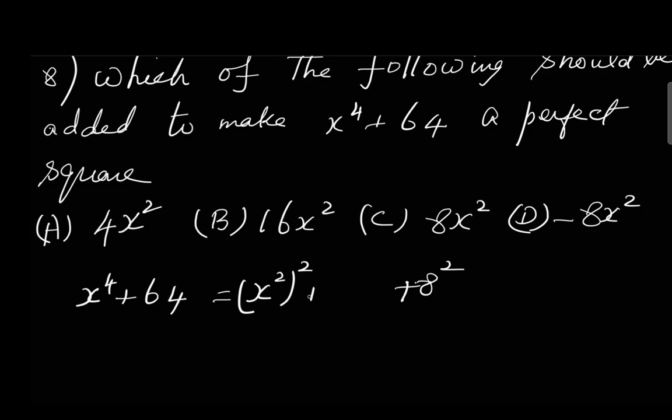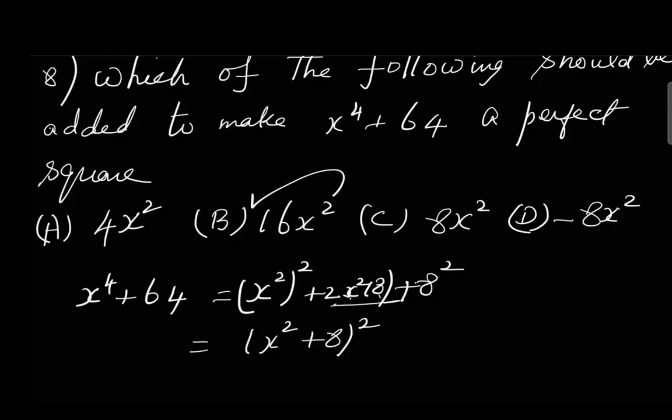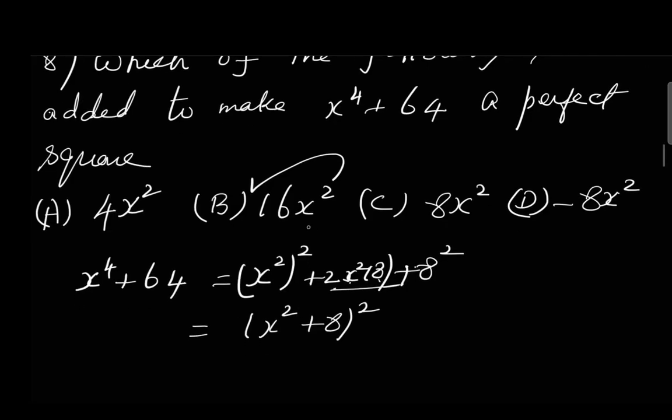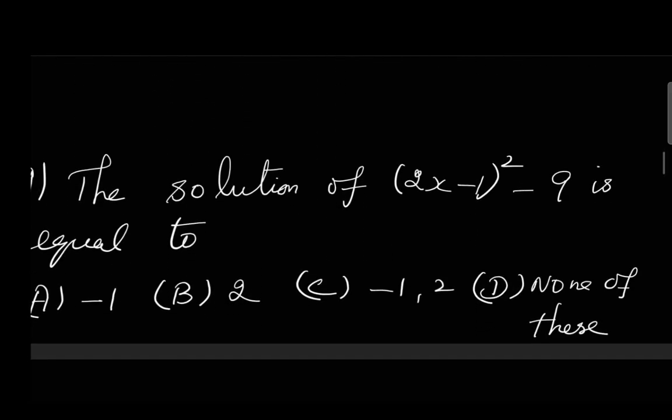So 2ab is 2 into x squared into 8. So that is 8 2s are 16. In that case it makes a perfect square. So which term we have added? 8 2s are 16x squared, option B. The question, which term is added? So no other way, just you find the term which should be added to make it a perfect square.